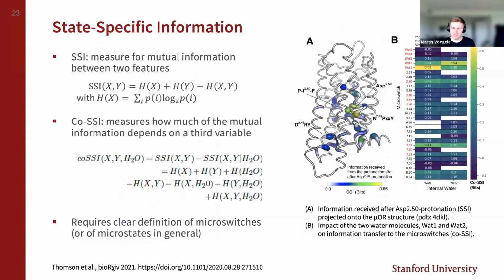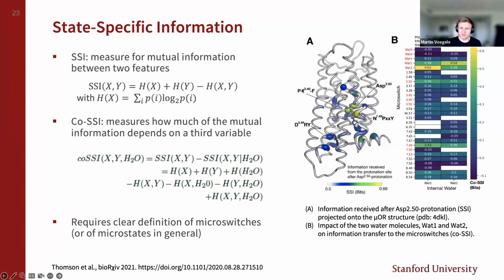Okay, another metric that we use to compare or trace information in a workflow is state-specific information. It is basically a measure for the mutual information between two features. So basically, similar to a correlation, but it measures the shared information content explicitly, calculated over this mutual information function.